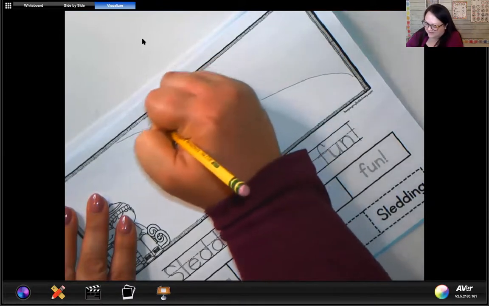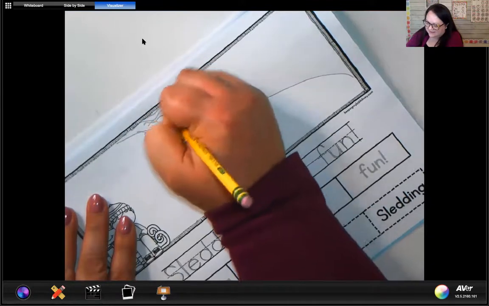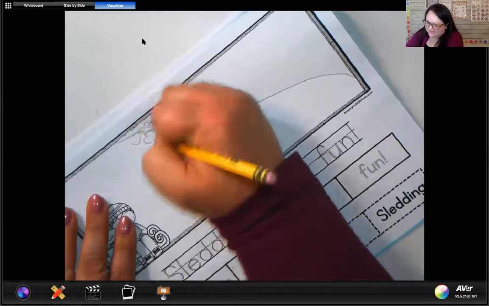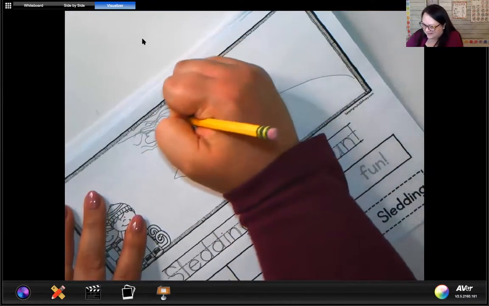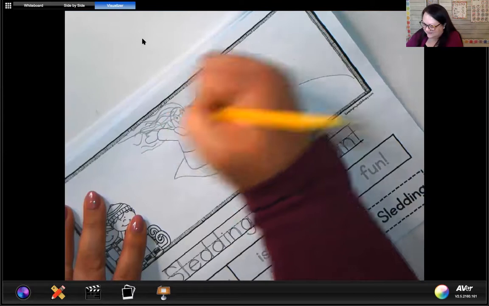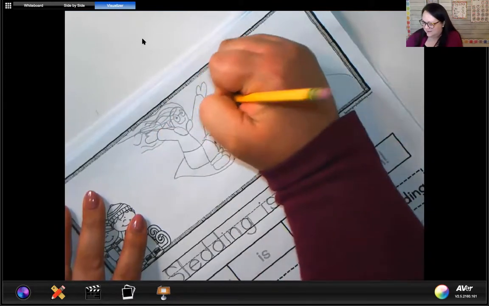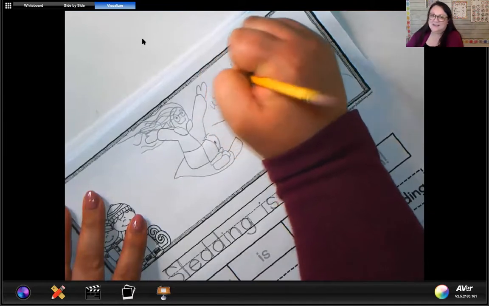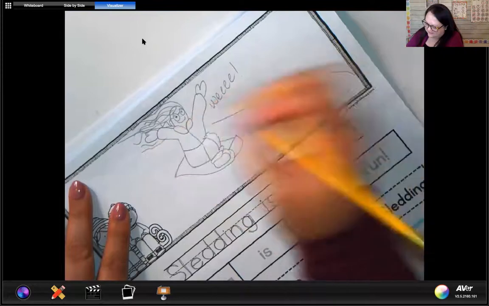And Mrs. R's hair is long, so it's all going kind of in the air like this because it's going so fast down the hill. Yes. And then I'm saying, woo, woo. It's so much fun.